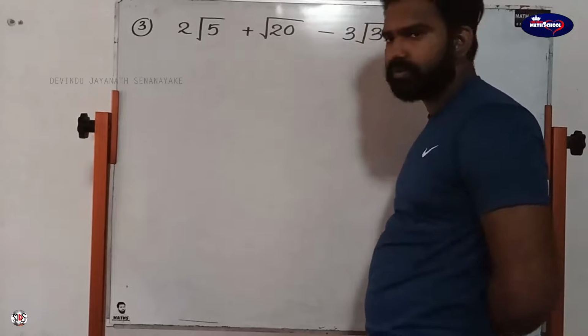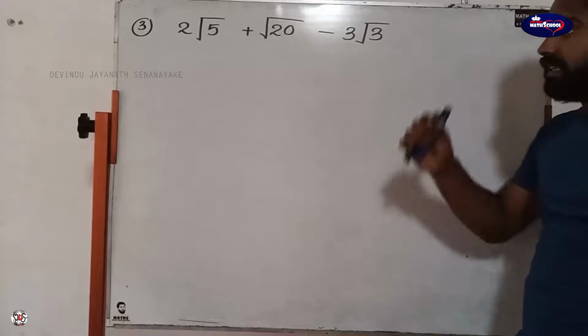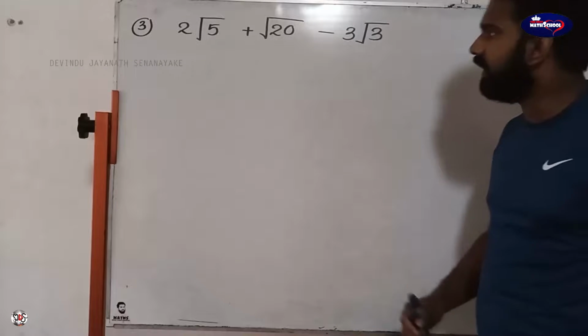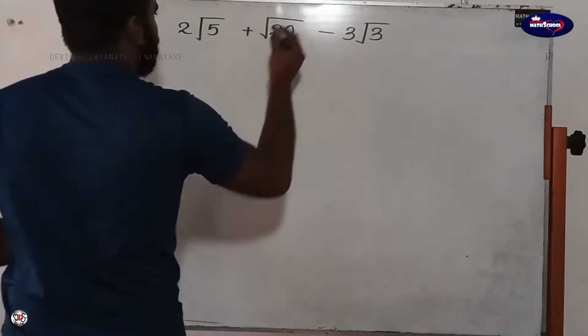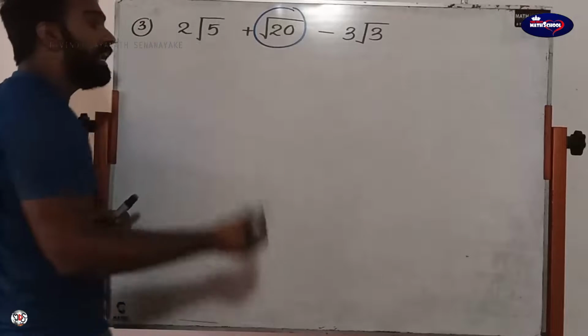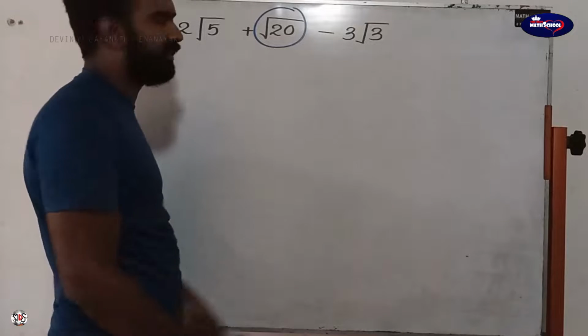Is that so? No. The thing that you should identify here is this square root of 20. This is not a surd, this is an entire surd, something more than a surd.